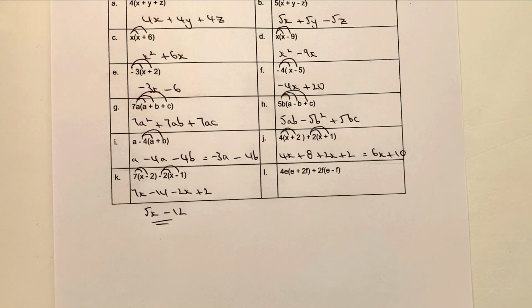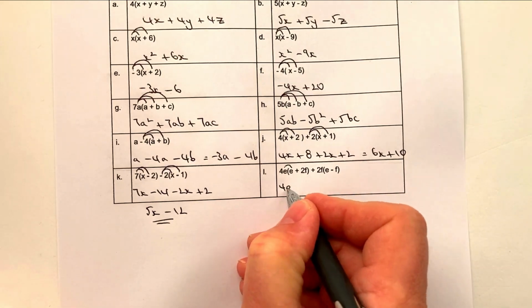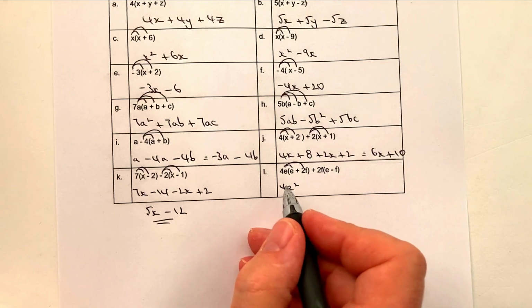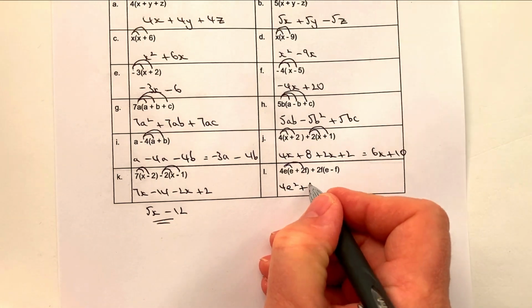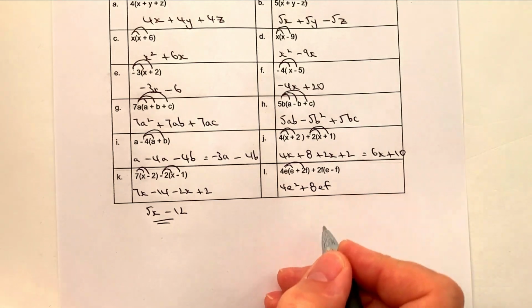Okay, let's move on then to L, which is this one. I've got 4e times e is 4e squared. 4e times 2f, oh my gosh, so 4 times 2 is plus 8. And then I've got e times f is ef, okay?